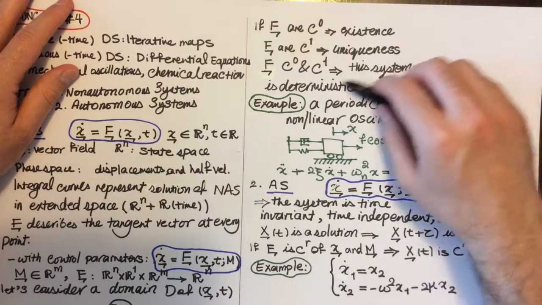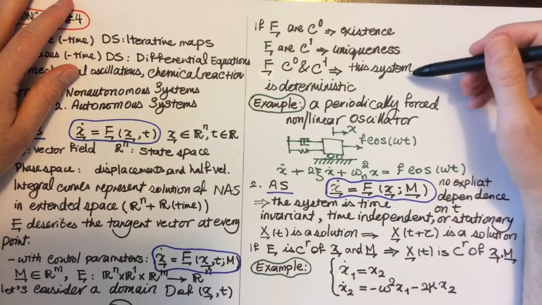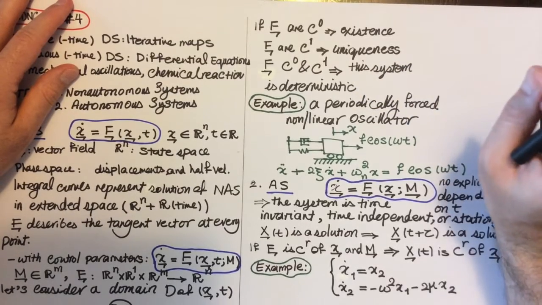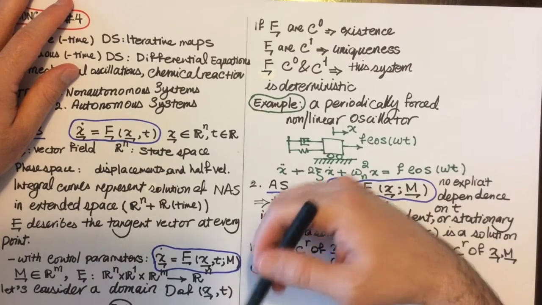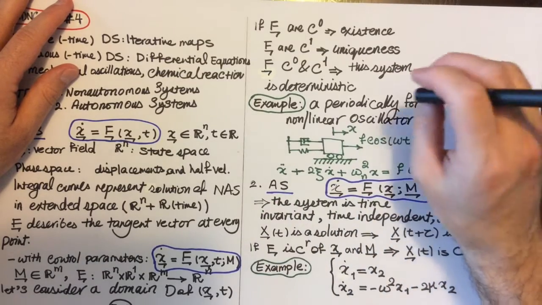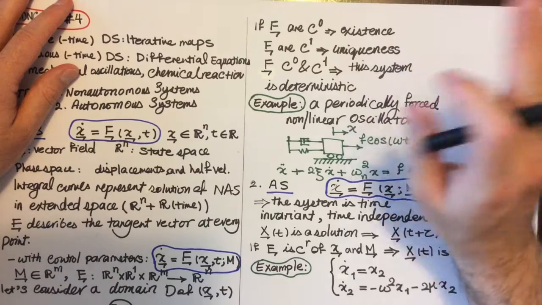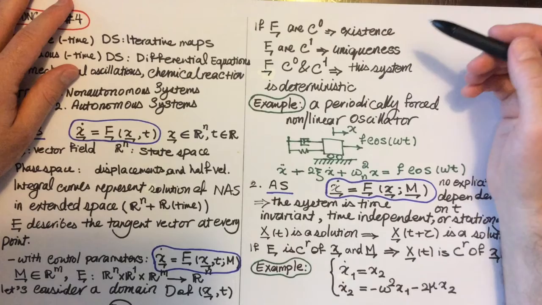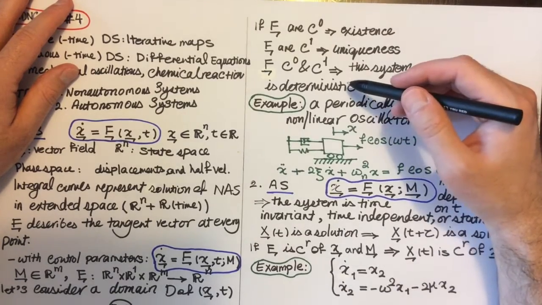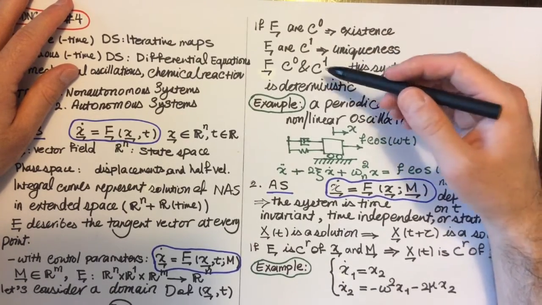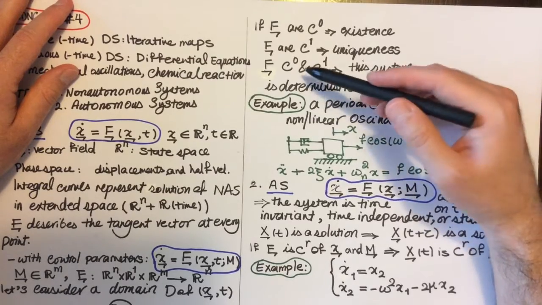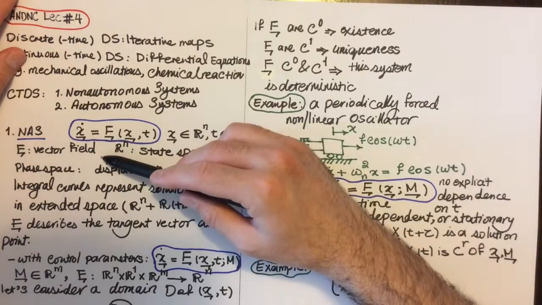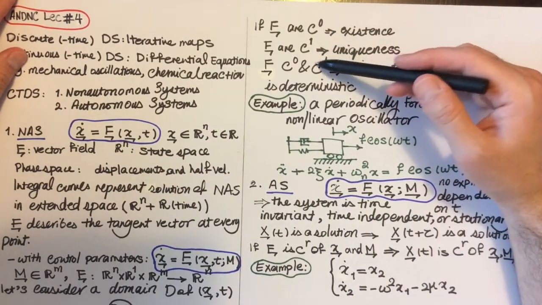And if f is both C0 and C1, that guarantees the system is deterministic, meaning that at every point in this domain we have definitely one solution, and that's the only solution. So there is no probability involved. At some point we're going to also talk about stochastic systems, but at this point we are talking about deterministic systems. Our vector field is both C0 and C1.